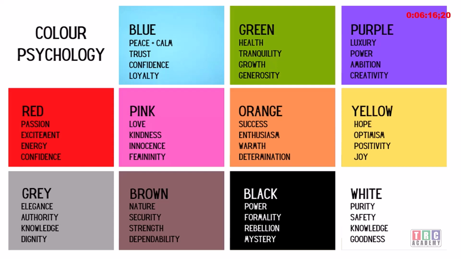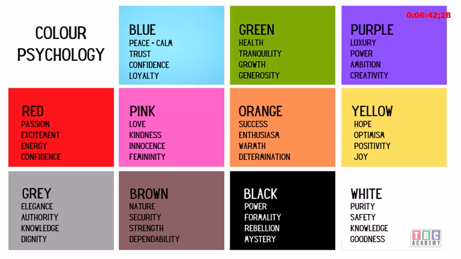Blue is peace and calm, trust, confidence, loyalty. Green is health, tranquility, growth, generosity. Purple is used for luxury, power, ambition, creativity, and red is used for passion, excitement, energy, confidence. Pink is for love, kindness, innocence, and femininity.